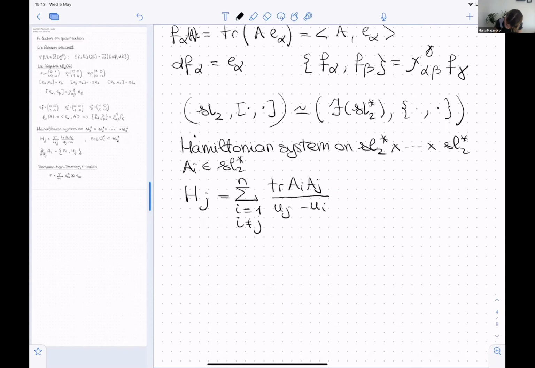So let me tell you what everything is. We have n copies of SL2, and we think about them as n elements. So we will take an n-tuple of matrices in there, okay?